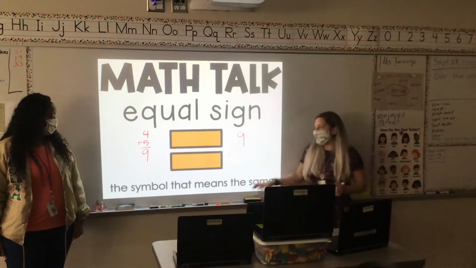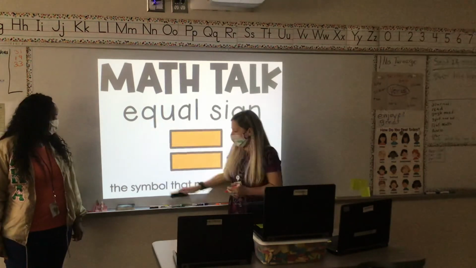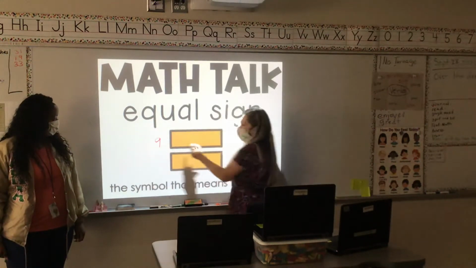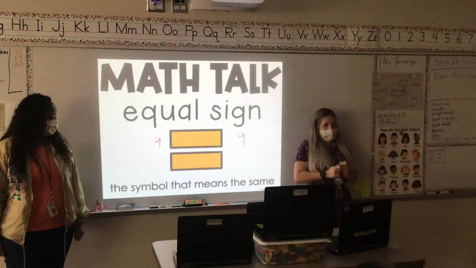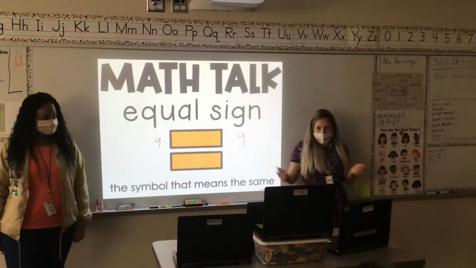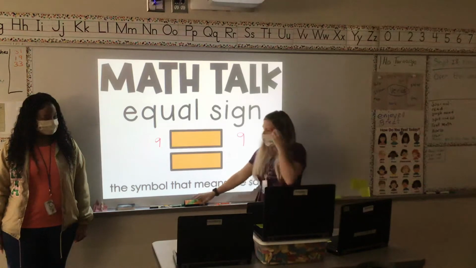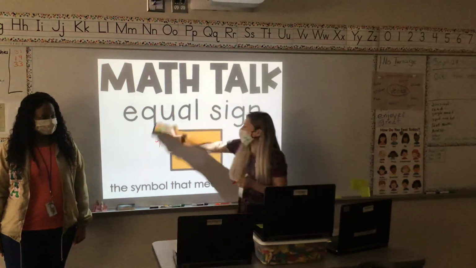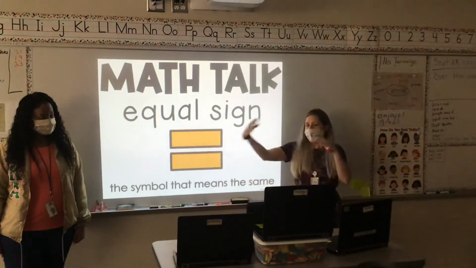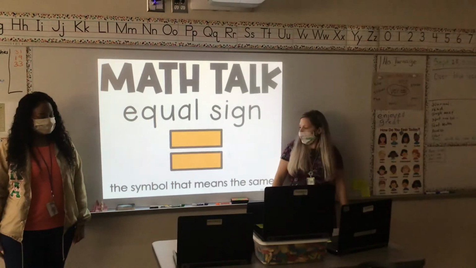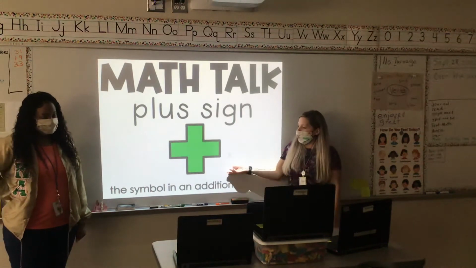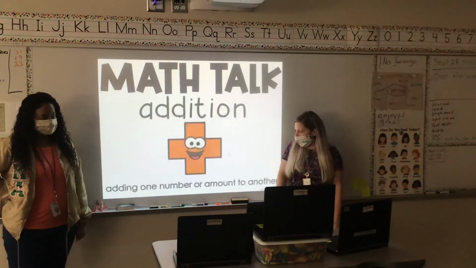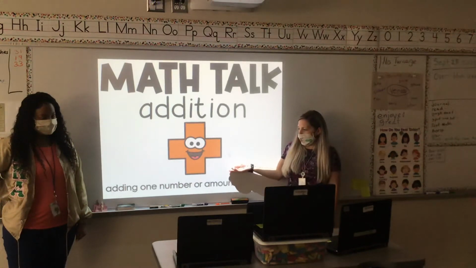So it changes 4 plus 5, so it looks like this. 9 equals 9. Does 9 equal 9? Yeah. It's the same. Okay? So that's what the equal sign means. Just like when we did greater than, less than, equal to, when we were comparing numbers. Alright, we know what a plus sign is. There's another plus sign with a happy face on it.